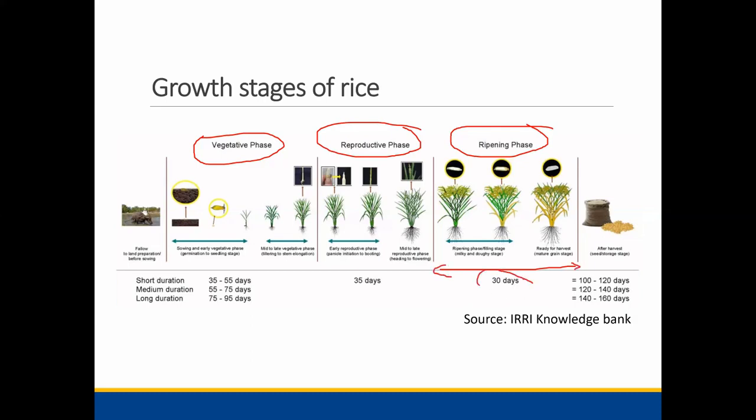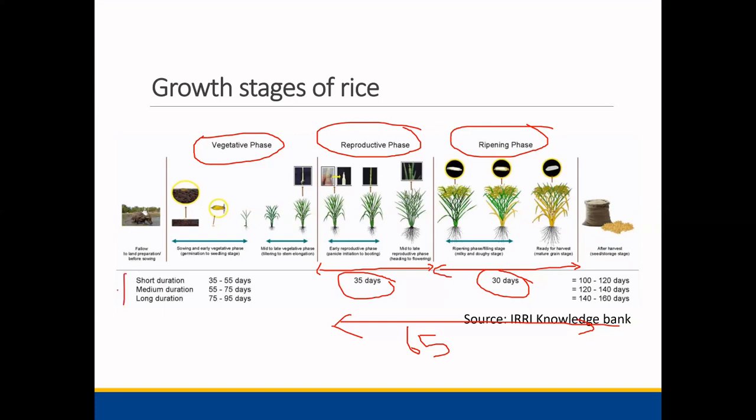Then the reproductive phase, from panicle initiation to flowering and pollination, is 35 days, which is also fixed. So this 65 days for both reproductive and ripening is fixed, but the vegetative phase varies depending on the age group of the rice.